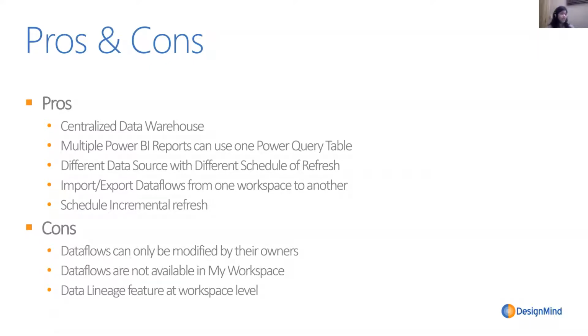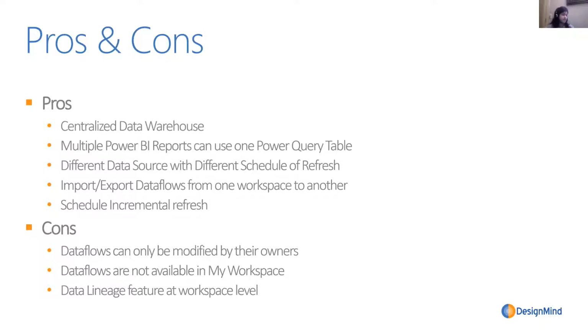And the third limitation is the data lineage feature at the workspace level. For the data flow, the lineage view is at the workspace level. For example, if you have published your data flow in one workspace and some other report developers used your data flow and created a data set and published it in another workspace, then in your workspace, if you look at the lineage view, it will not show up.